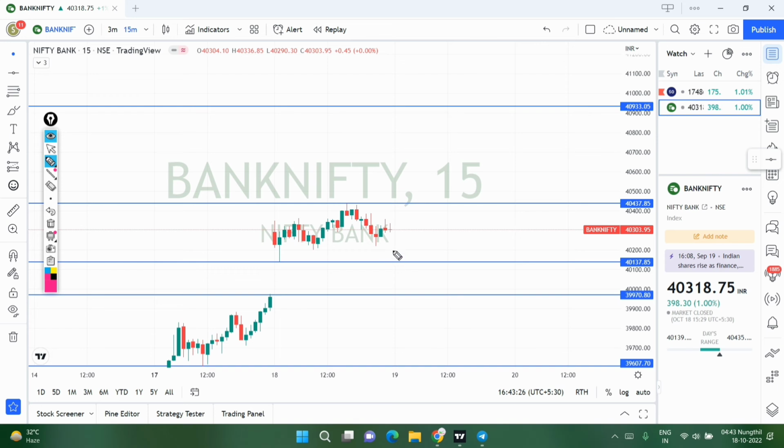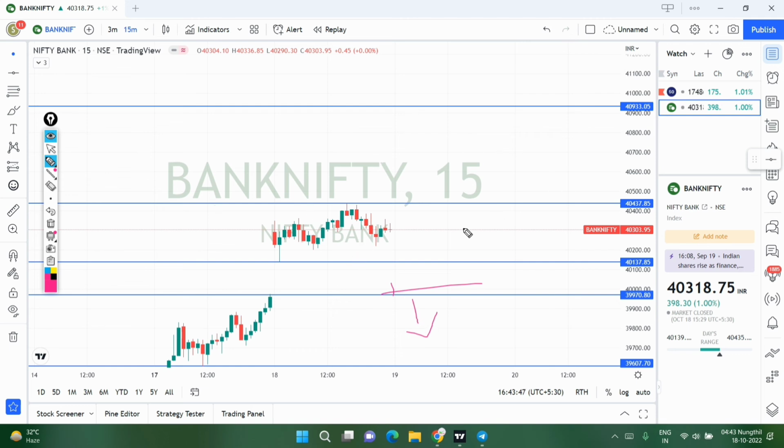Let's assume if Nifty Bank opens a big gap down, below 40,000. Below 40,000, we are going to sell with aggressive quantity, full quantity. If anything starts below 40,000, we are going to do aggressive selling, because from here the market is very bearish for me.